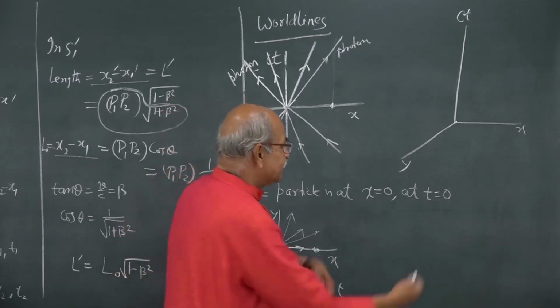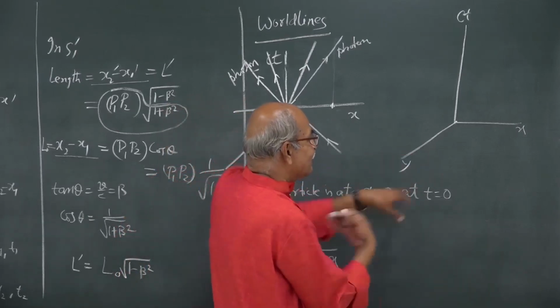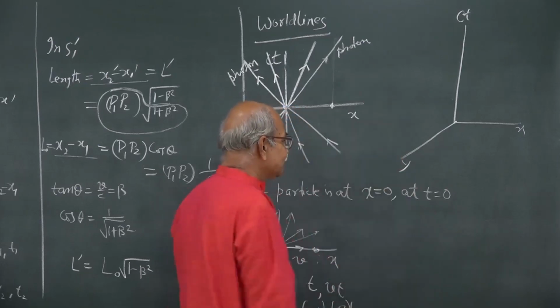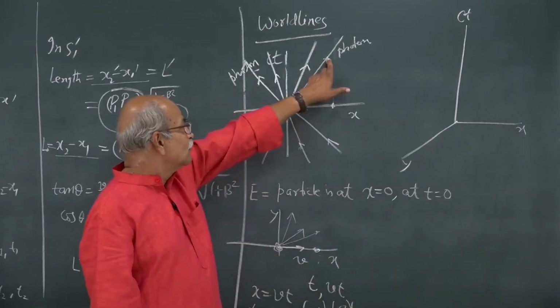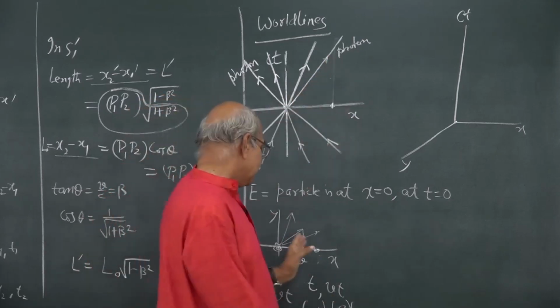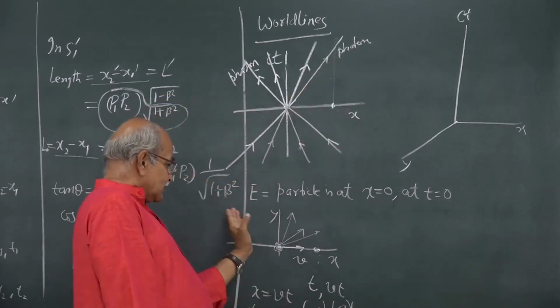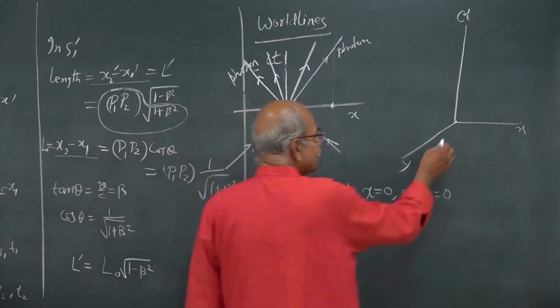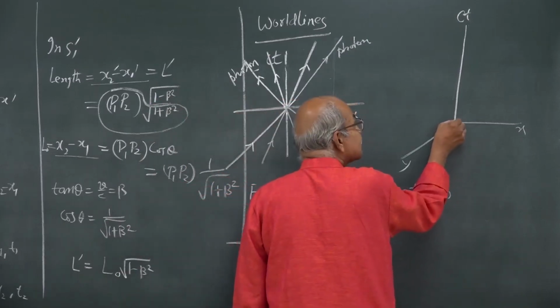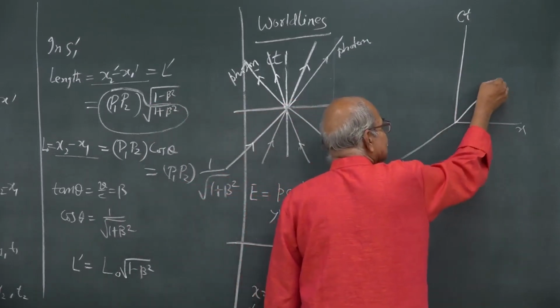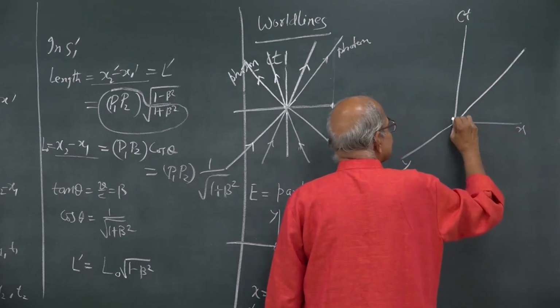And then in the xy plane it can go anywhere, and this is the time axis. So, as time passes, look at this photon first. The photon can go this way, this way, this way. All these will be at 45 degrees with the ct axis.